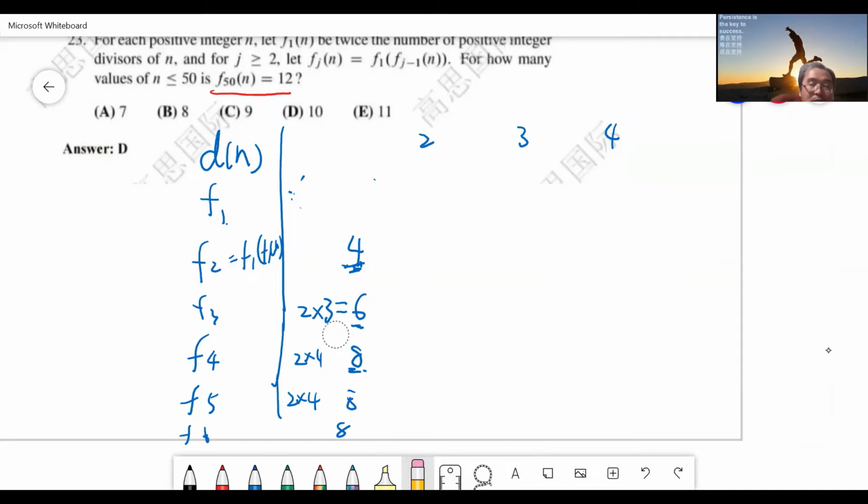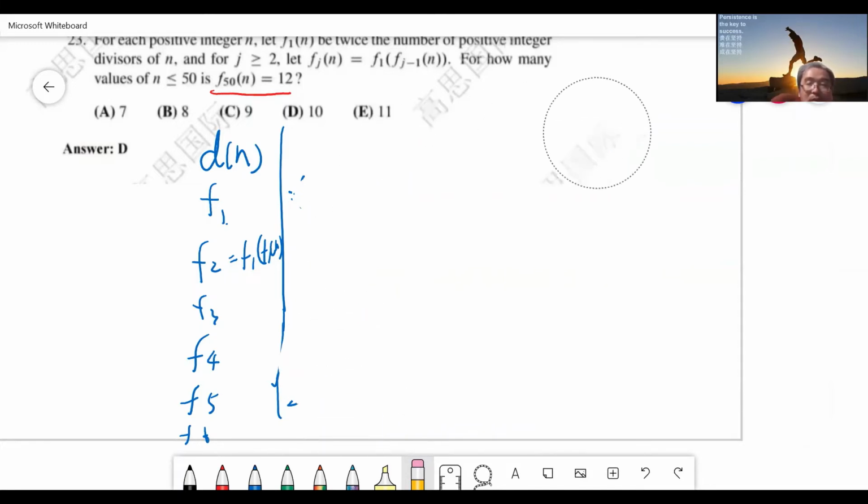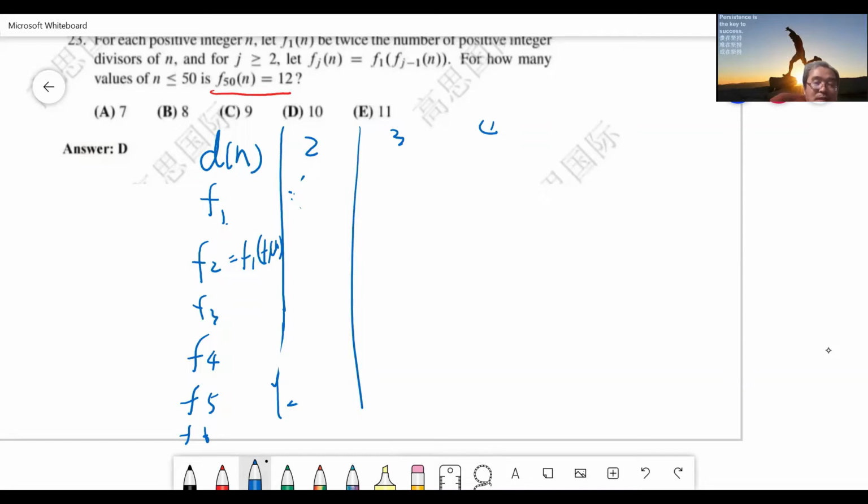All right, so then we look at numbers with 2 divisors. 2 divisors are basically all the primes, like 2 or 13. Using 13 as an example, 13 has 2 factors, 1 and 13.